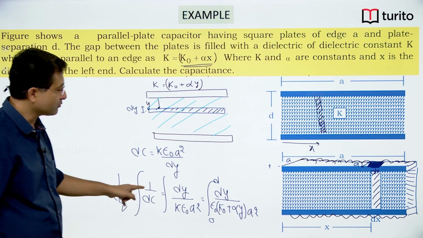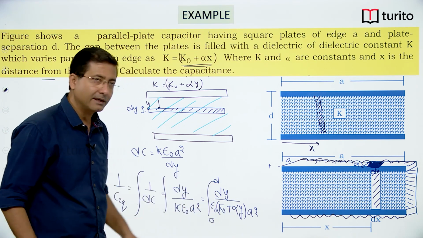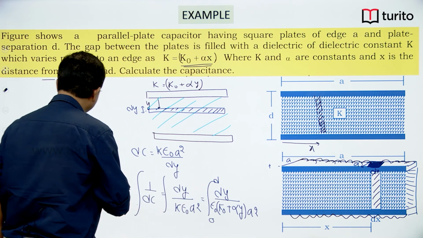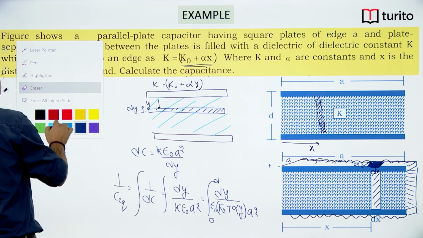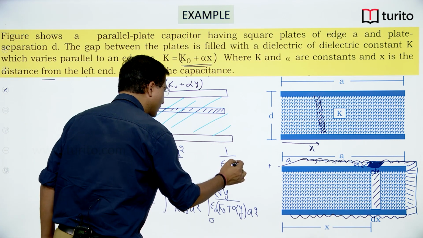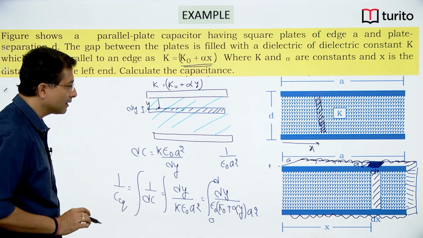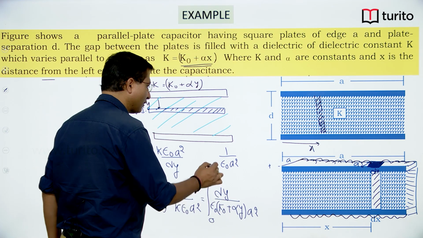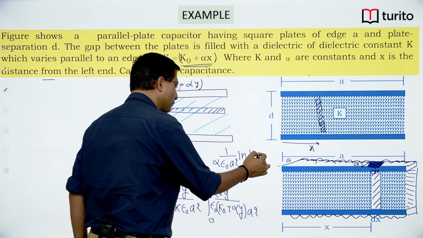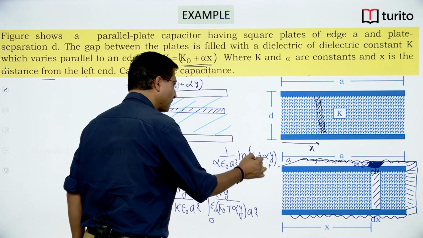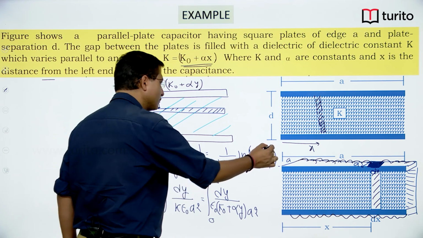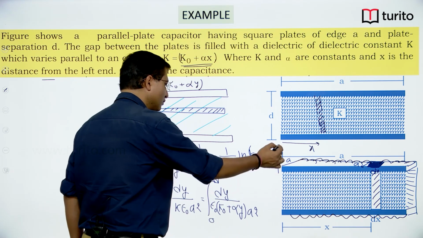So, 1 upon dC, substitute the value of k here and then you will be getting it in this form, and that we can easily integrate. 1 upon epsilon naught A square is common, and then integration of this one, alpha will come in the denominator, ln of k naught plus alpha y is equal to 1 upon C equivalent, once we put the limit 0 to d.